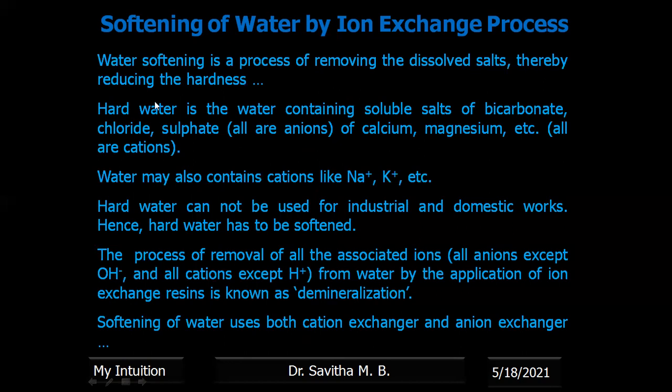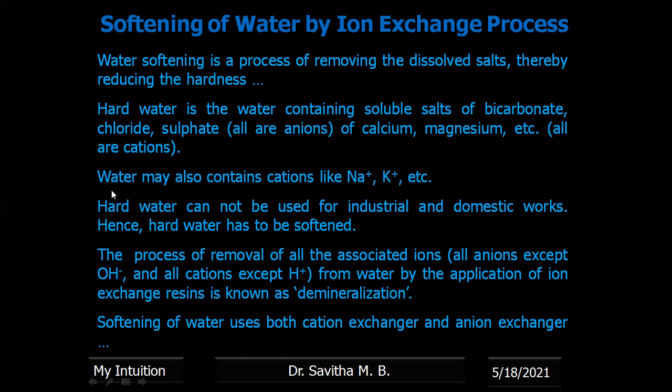Now the hard water, the water which has to be treated, will contain soluble salts of calcium and magnesium, like bicarbonates, chlorides and sulfates, which are anions, while the positive metal ions are calcium and magnesium.